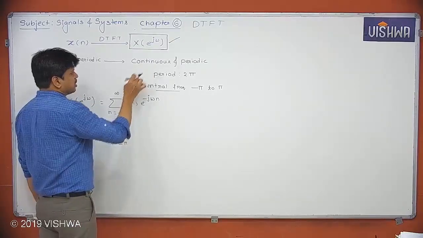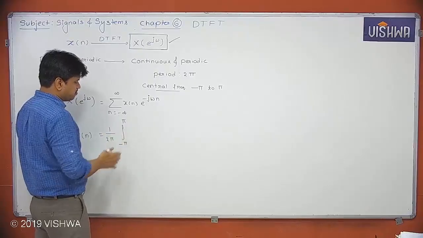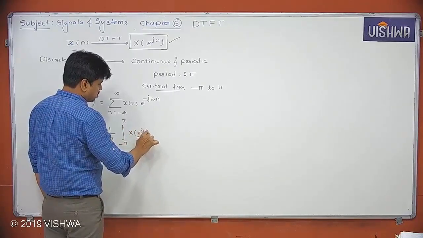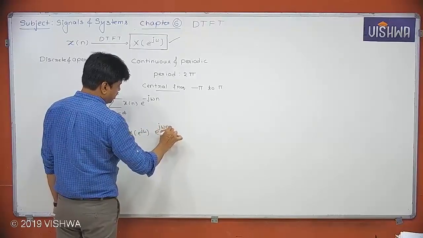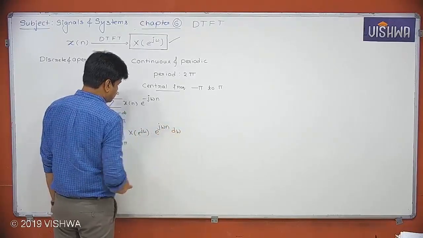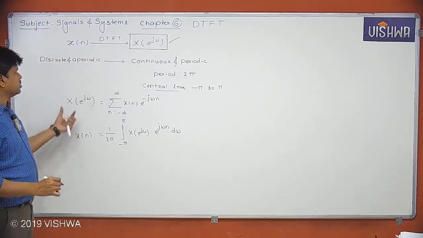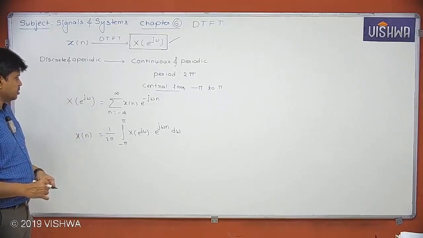Because in the frequency domain, it is a continuous function, so we have to use integration. X of e power j omega, e power j omega n d omega. So these are the formulas we have to remember for the DTFT of a discrete aperiodic signal.